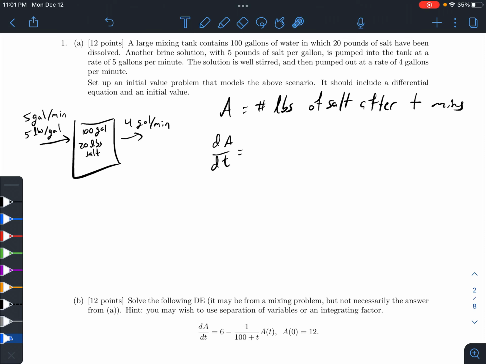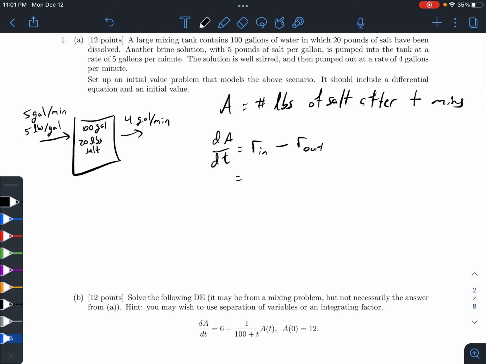Then how quickly is the amount of salt changing here? Well, we can compute the rate at which the salt is being added to the tank minus the rate at which the salt is leaving the tank.